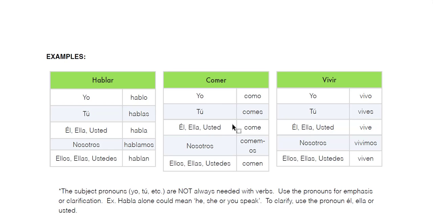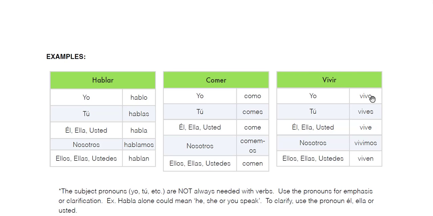Él, ella, usted, or even it, come, okay, eats. Nosotros comemos, emos, E-M-O-S, emos. We eat. Ellos, ellas, ustedes comen, right? They or you guys eat. An example of an IR verb is vivir.